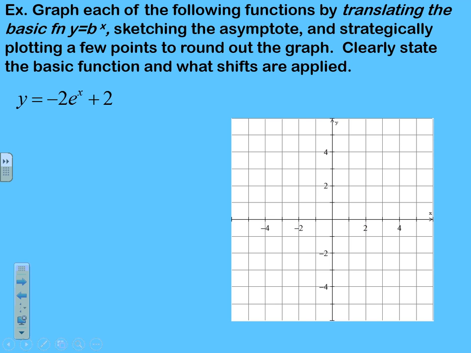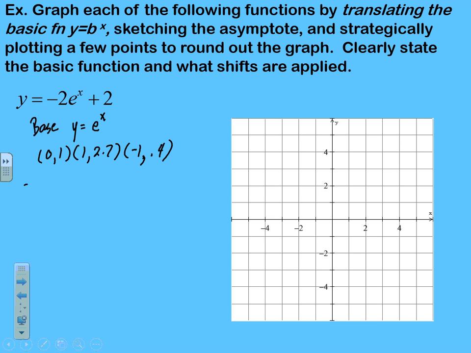So here, the base function in this case is just going to be y is equal to e to the x power again, which will give us 0, 1, 1, 2.7, and negative 1, and 0.4. So here we actually have 3 transformations.